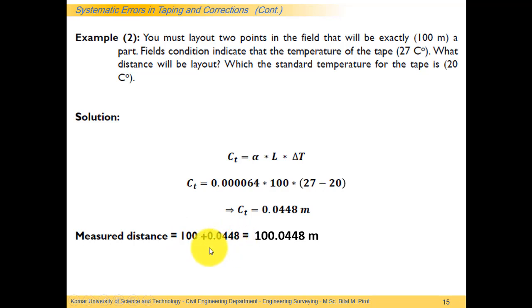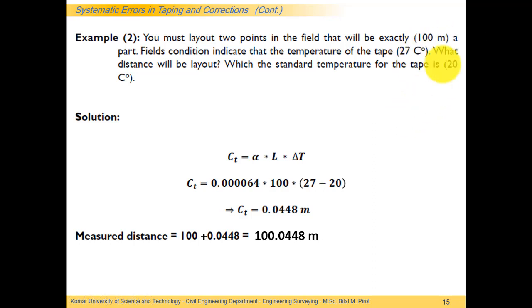0.0448 meters. If the temperature was lower, for example 5 Celsius degrees, then you should subtract this number from the 100. But in this case the temperature is higher, so the length of the meter has been increased.